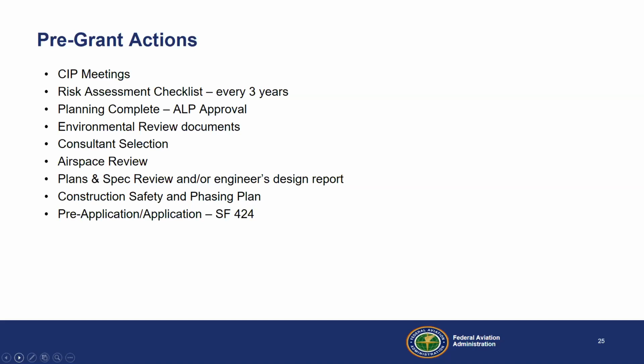Make sure it is on the ALP and your ALP is approved. Environmental review documents: both Sherry and Josh did an amazing job talking about those environmental reviews. Make sure that your consultant selection is up to date. If you participated last week, Andy touched on the consultant selection standard operating procedure.